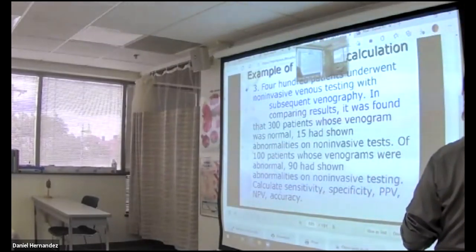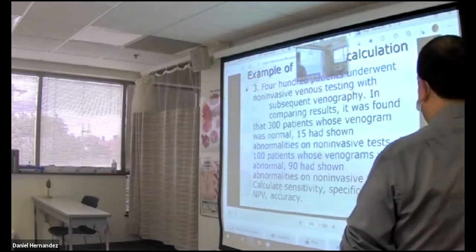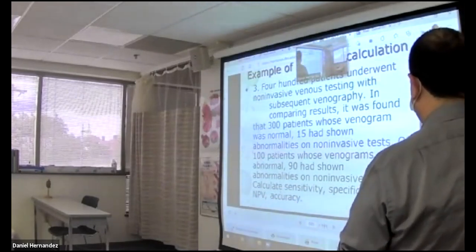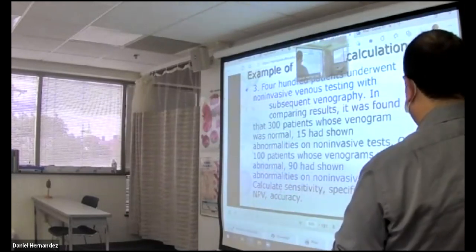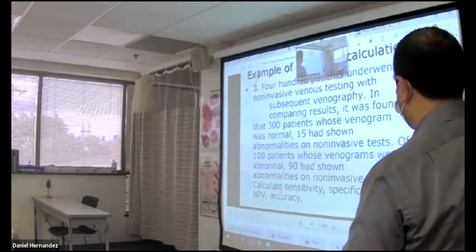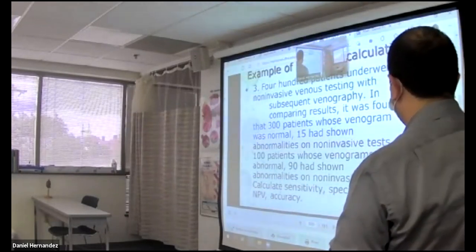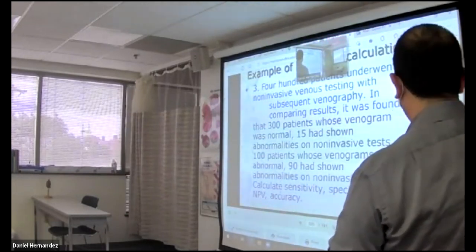90 had shown abnormalities, true positive. So wouldn't 15 be the false negative? Am I reading that right?